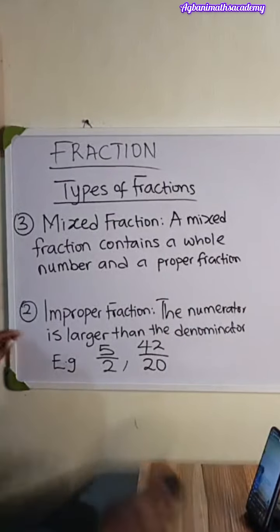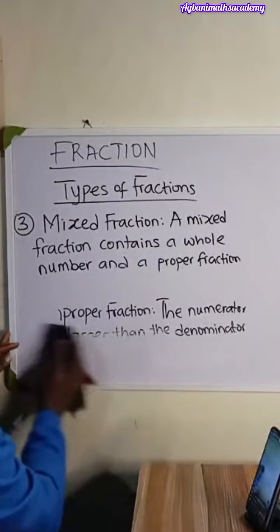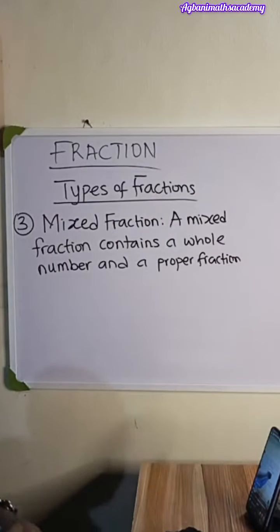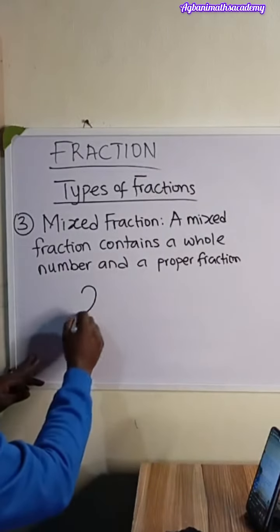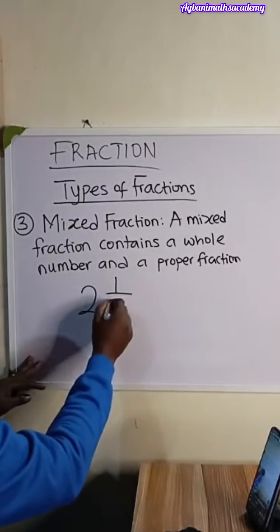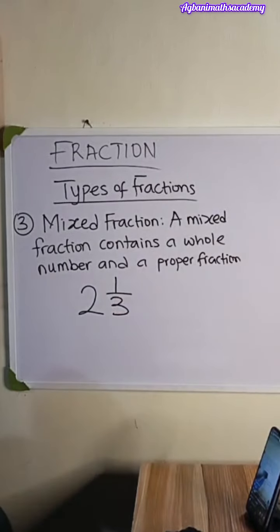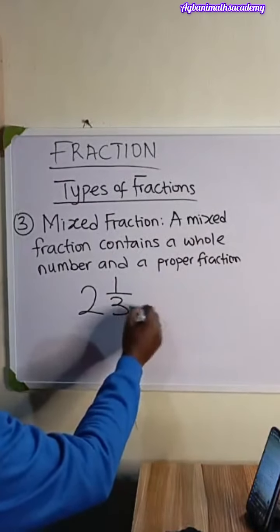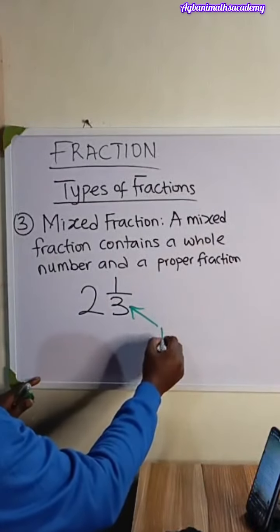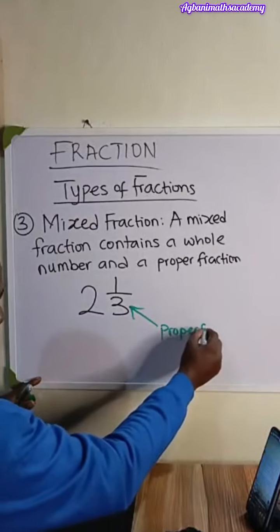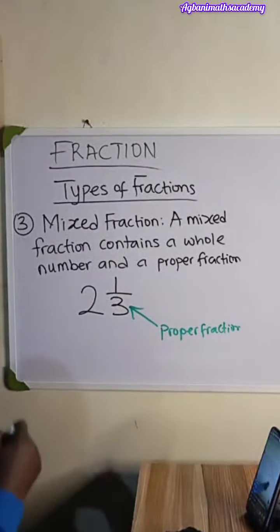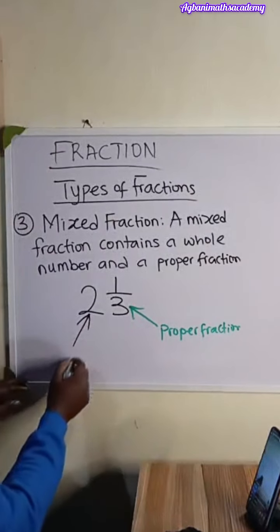Let's see an example. A mixed number contains a whole number and a proper fraction. So if you have 2 whole number 1 over 3, this is a proper fraction and this 2 over here is a whole number.